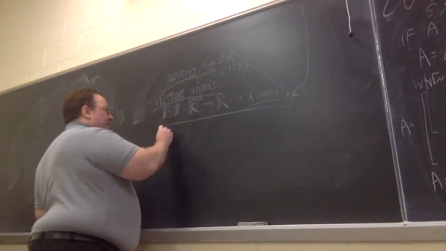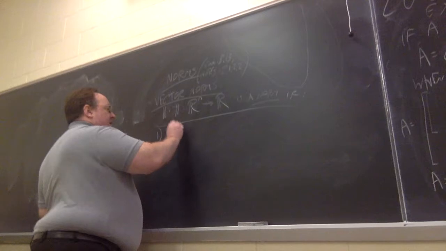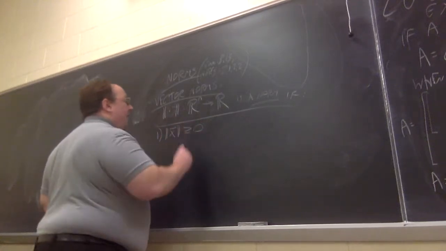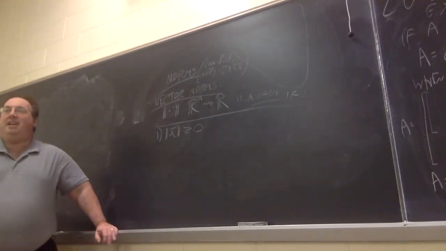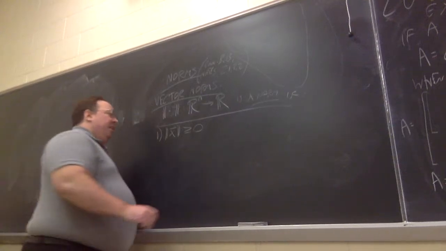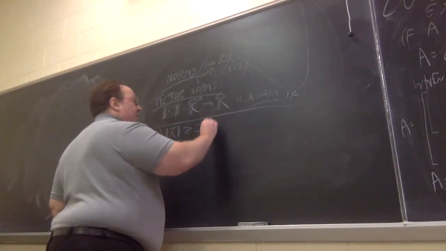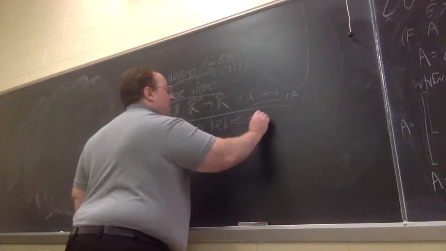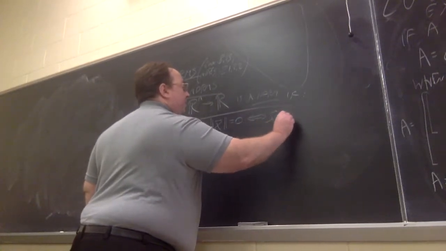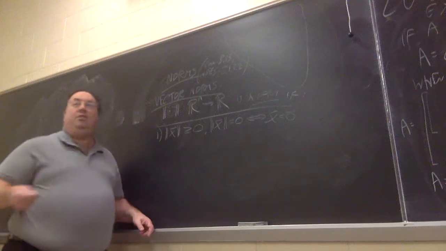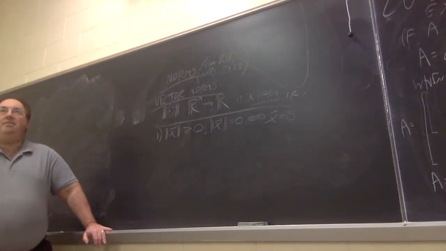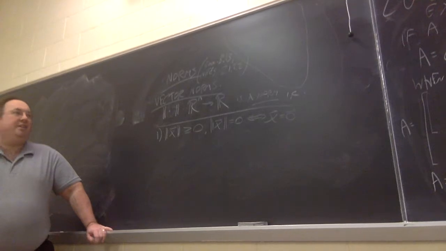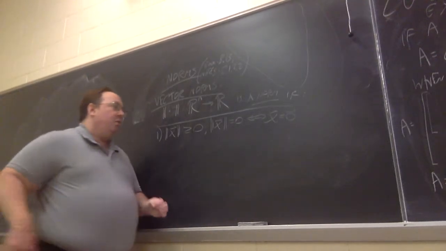Probably the most important condition is that it has to be non-negative. It doesn't make sense to have a negative magnitude of anything. Also, the only time that it equals 0 is if the vector you're taking the norm of actually is the 0 vector. So any vector, no matter how small, if it has any non-zero entries in it, must have a strictly positive norm.